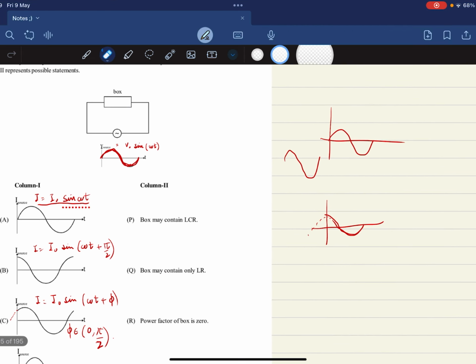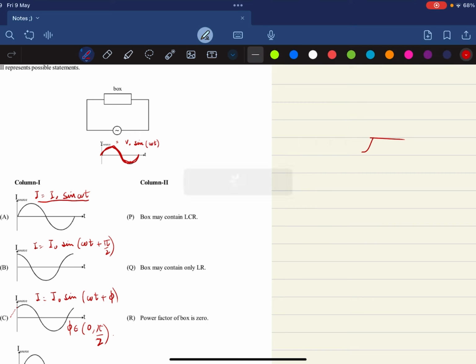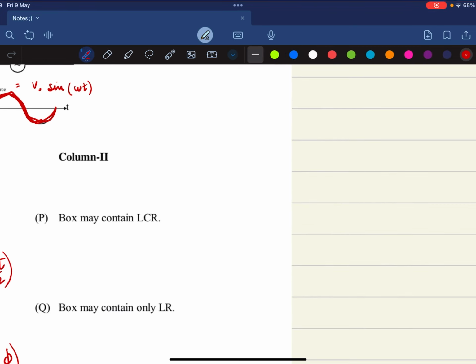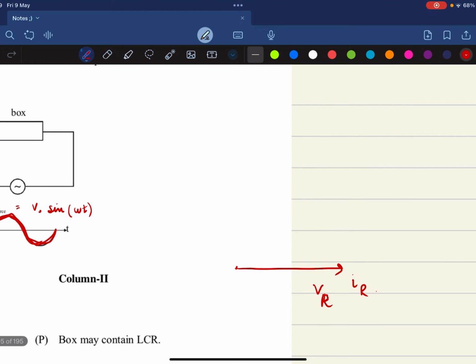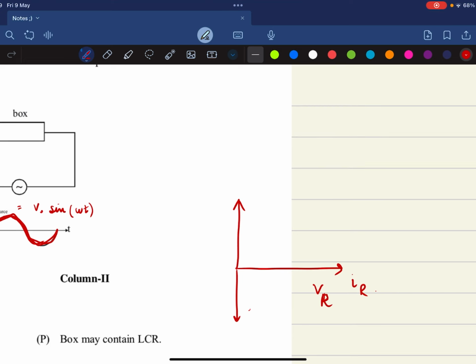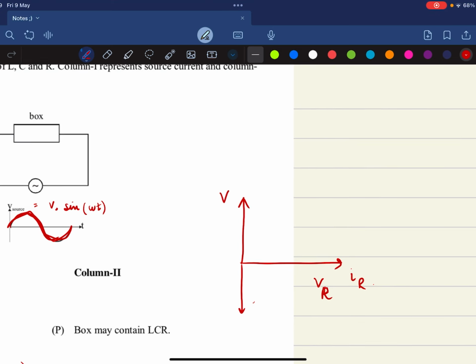Now let's see what column 2 has to offer. Box, so let's draw a phasor in this case. This is VL and this is VR and IR here, and this is VL and this is VC.